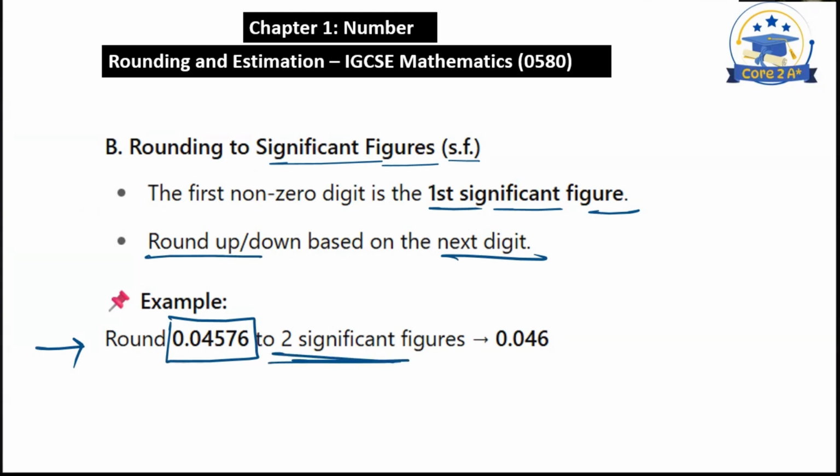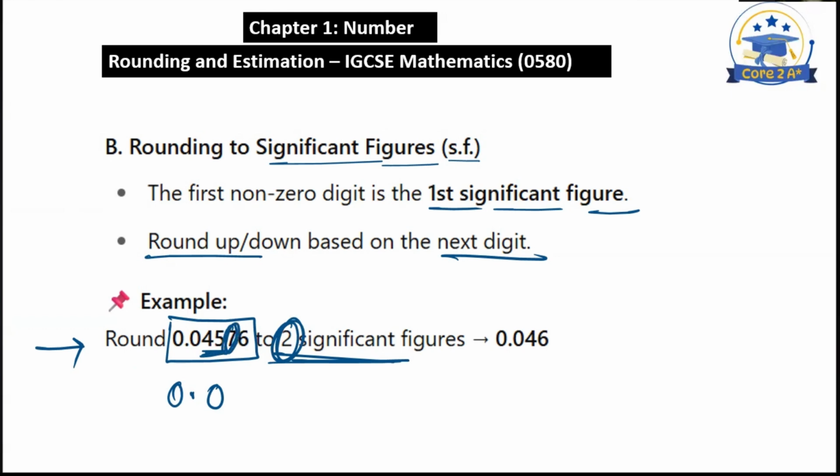So what we have, don't count the 0s. Except the 0s, how many numbers are there over here? But we have to focus on just 2 numbers, except 0. 0, 0, 4, 5. Just focus on 4, 5. But after 5, we have number 7.